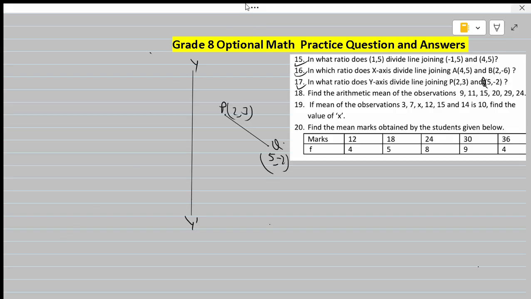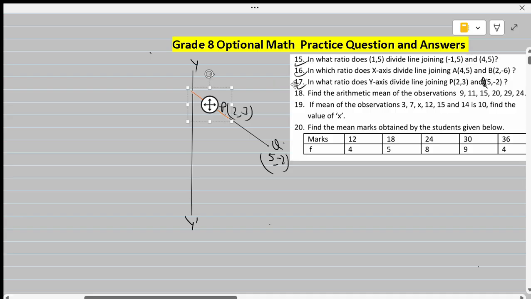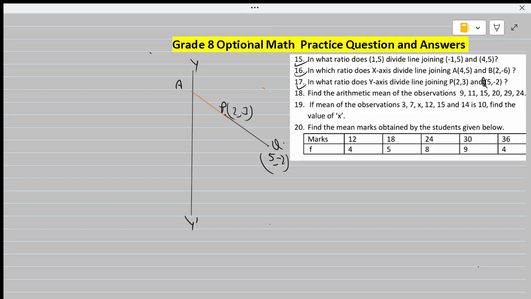So let's make one line here. The dividing point, I call it A, and we consider it as (0, y). Any point which lies on the y-axis has a variable value of y, while x, the abscissa, is fixed.